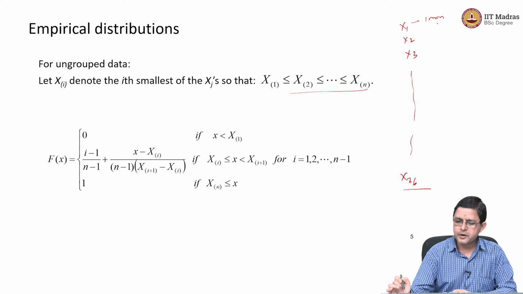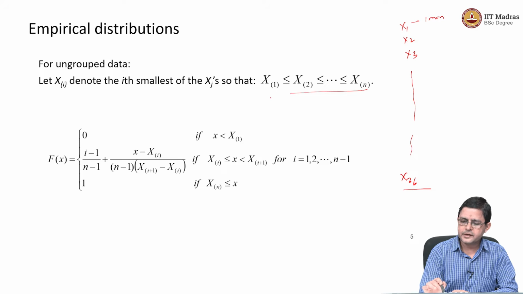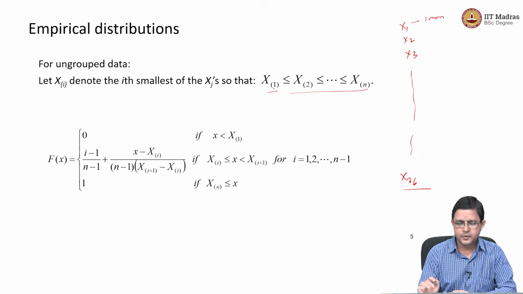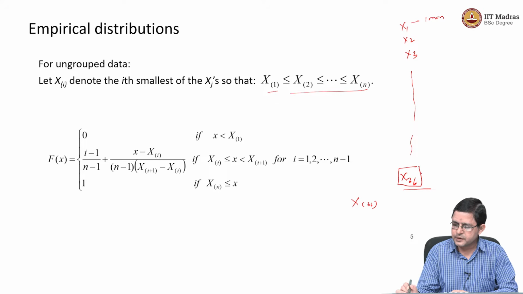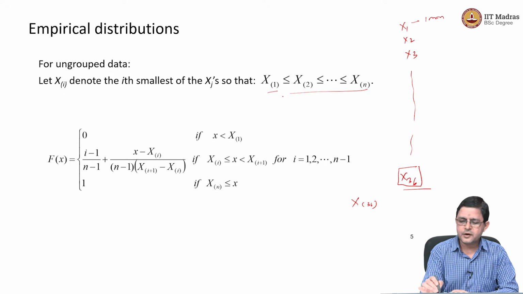But now we arrange it in ascending order, where the smallest value is called x bracket 1, the second smallest value is called x bracket 2, and the largest value is called x bracket n. In our case, x bracket 36 may not be the sales volume in the 36th month, it is actually the maximum sales volume that we have found in our data set.